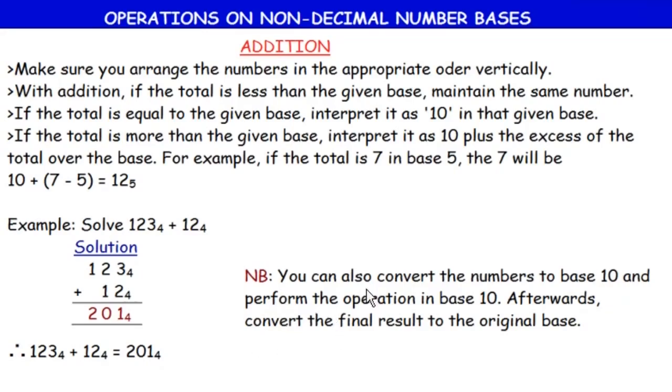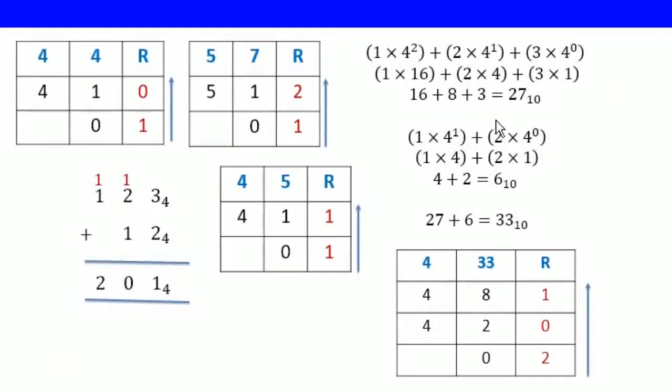Now note that you can also decide to convert the numbers to base 10, and then you perform the operation in base 10. Afterwards, you convert the final result to the original base. So this is what it means. We are to add 123 base 4 to 12 base 4.